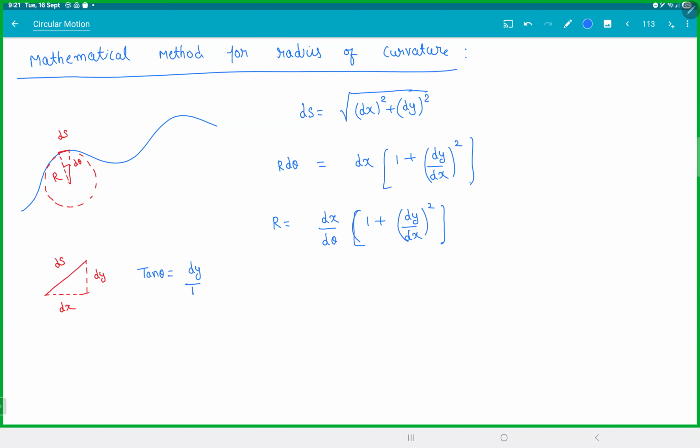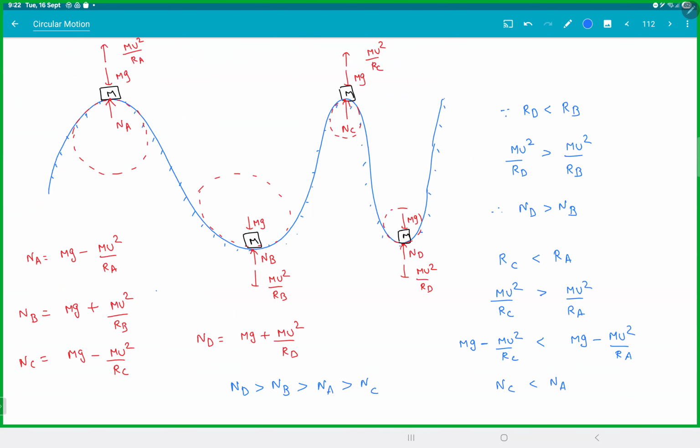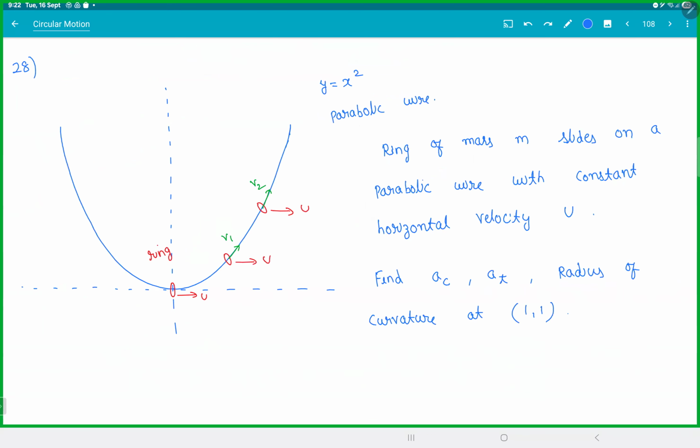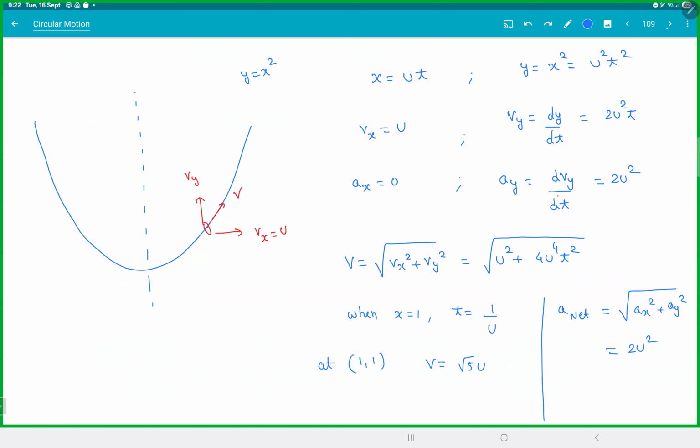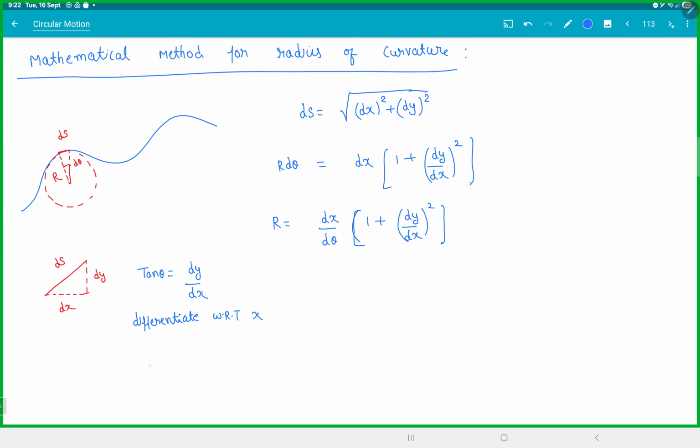It's not important. Only the result is important. Derivation, no one will ask you. They won't even ask you this in the Advanced. If at all they want to ask you this, they have to give you this formula beforehand. But it is useful. For questions like this, if they just ask you radius of curvature, instead of doing all this story, this one formula will give you the answer.